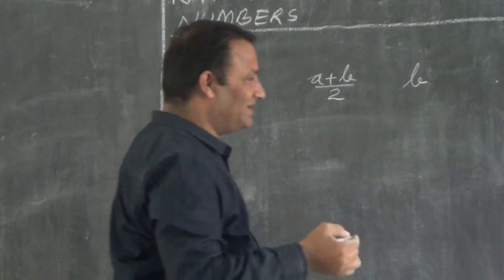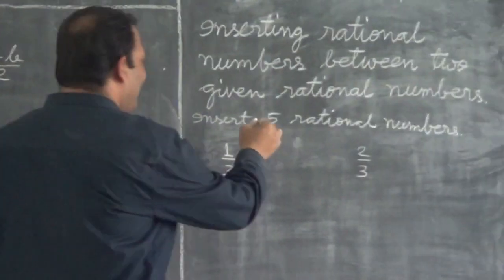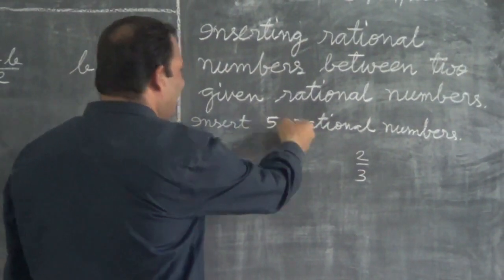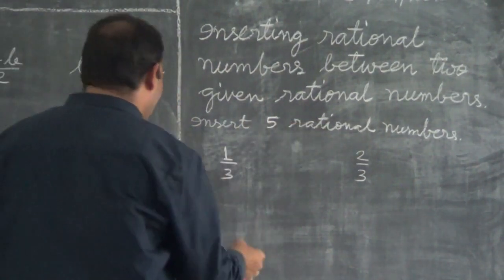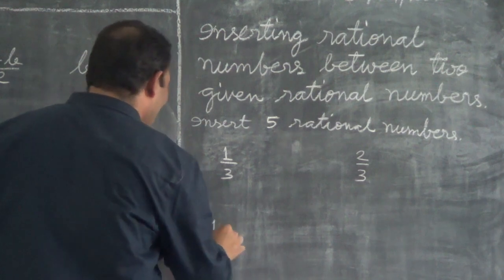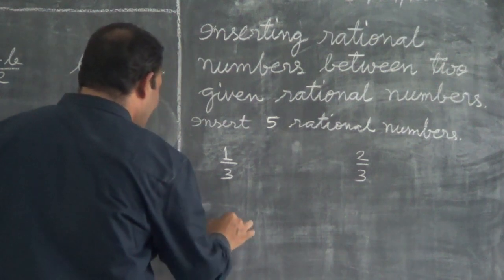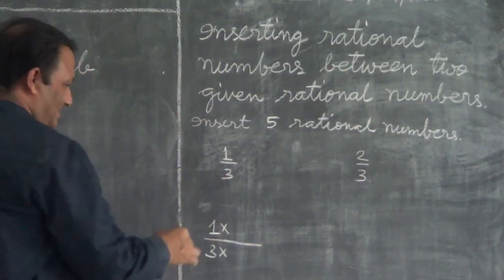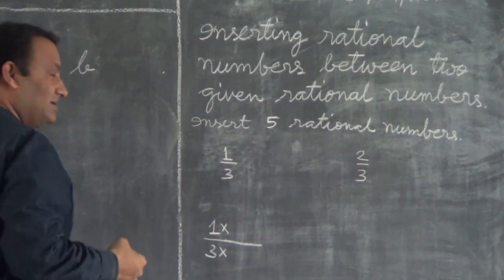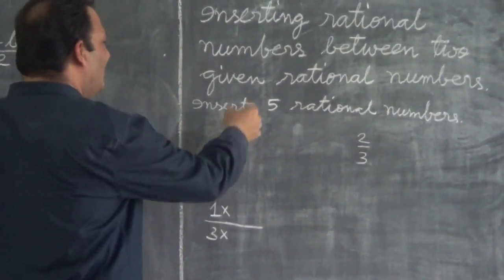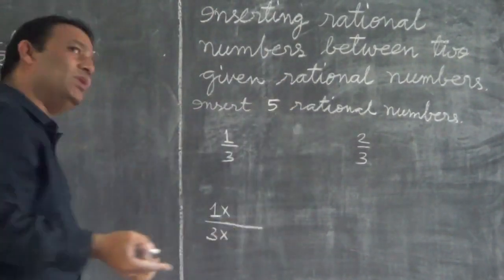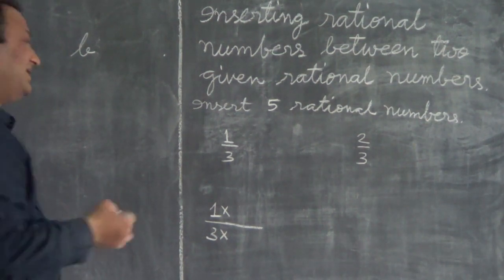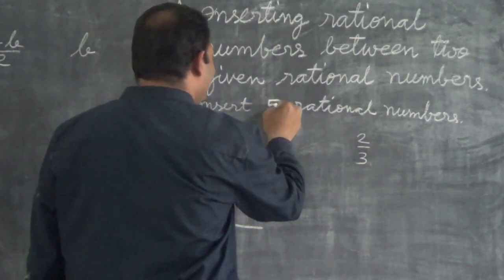I have to insert n rational numbers, then what I need to do? I need to multiply both the numerator and denominator of each rational number by n plus 1. What is n plus 1? n is this 5.